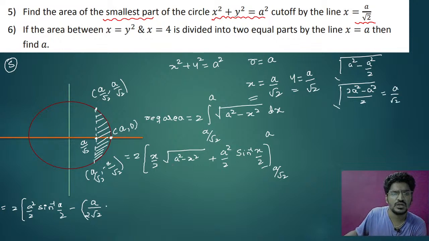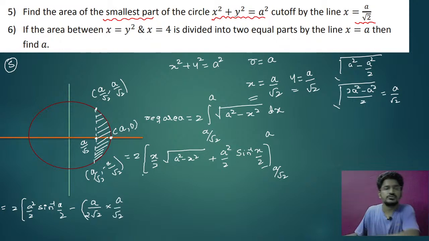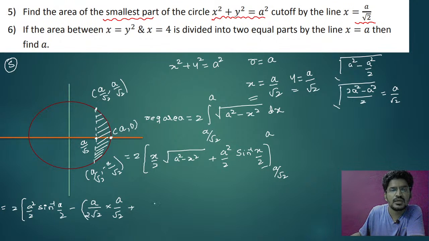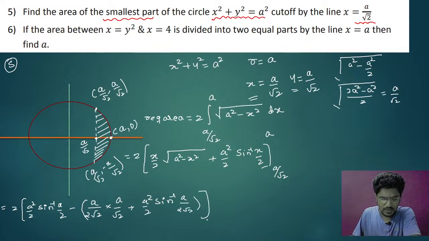Plus a square by 2 sin inverse of x by a. X value is a by root 2, so you can write it sin inverse of a by root 2 over a.